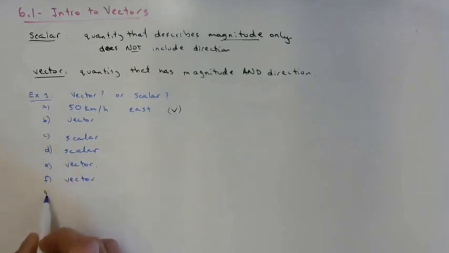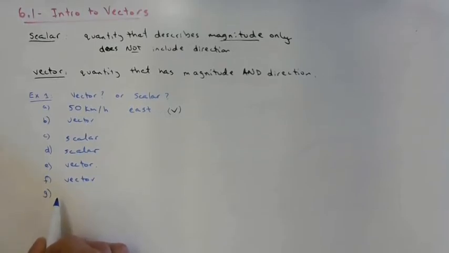G, the number 5. I guess it's a scalar quantity. Yeah, it's scalar because it has no units. It's okay if it has no units to be a scalar. So anything that's just a number or a value, as long as it doesn't have direction, it's scalar. So G is scalar.